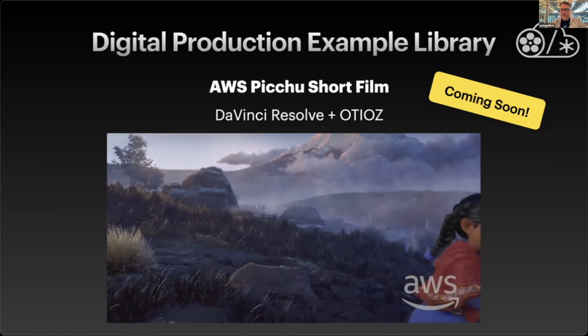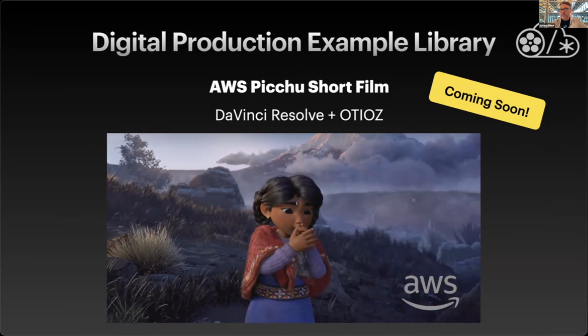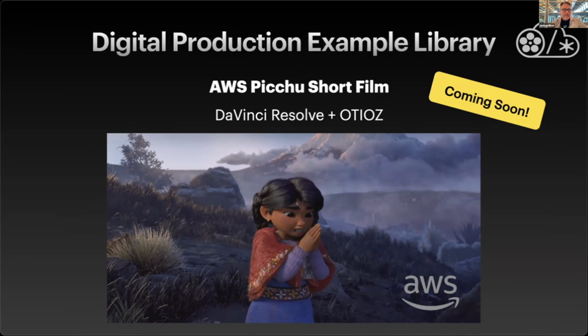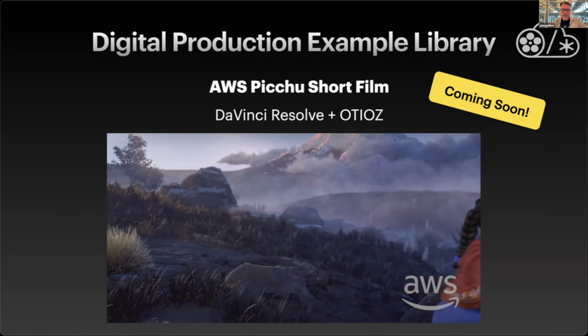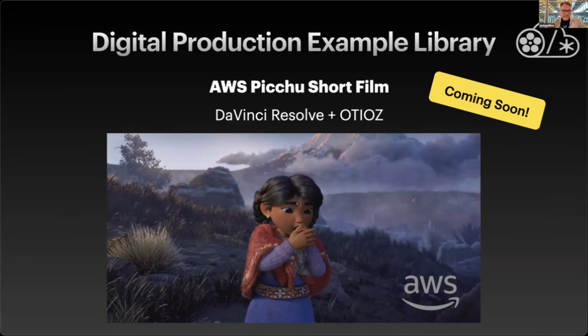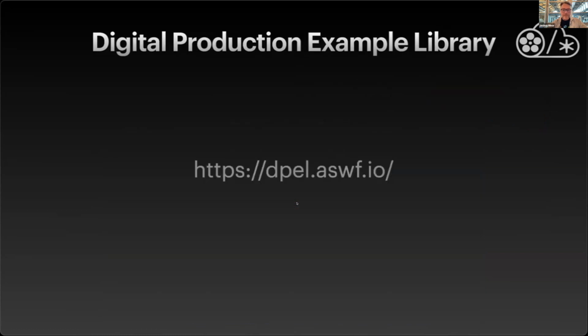And that should be released in the coming weeks. They're aiming for releasing that before SIGGRAPH. And thank you so much to AWS for making this available. If you want to find out more about that, you can go to the dpel.aswf.io website, and you can see everything else that they have there and download many of these.